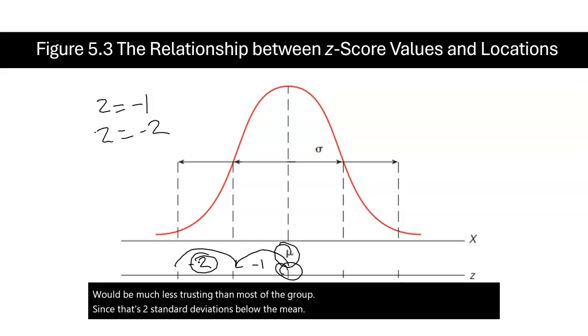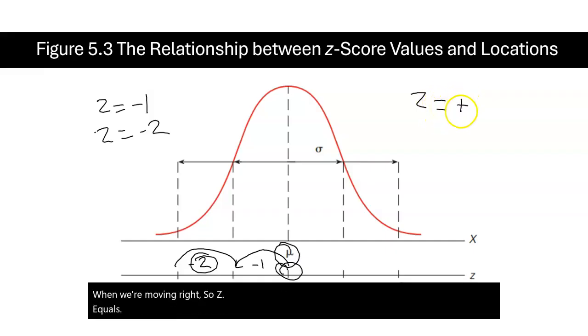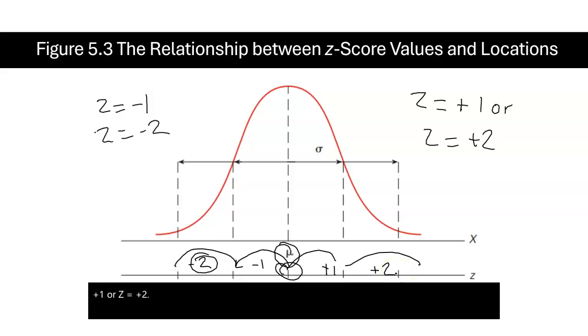When we're moving right, to z = +1 or z = +2, the further to the right, the more unusual these higher scores become.